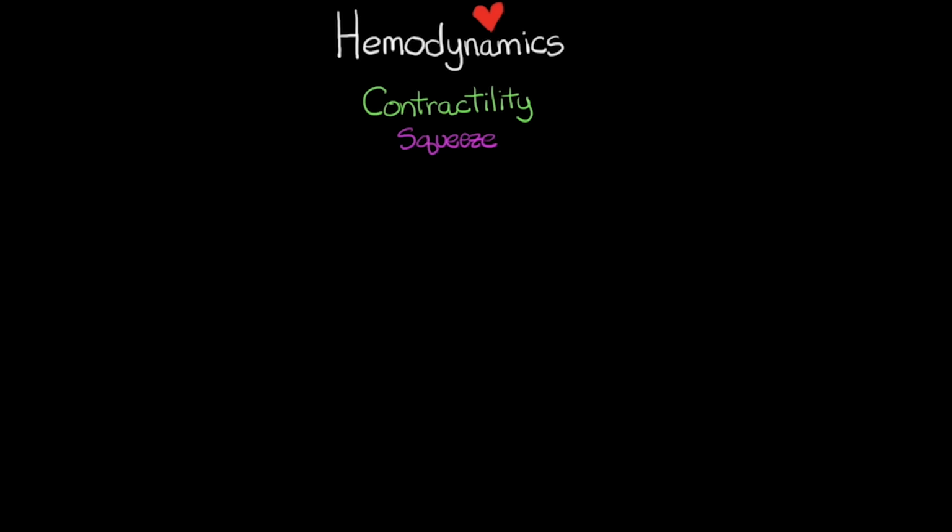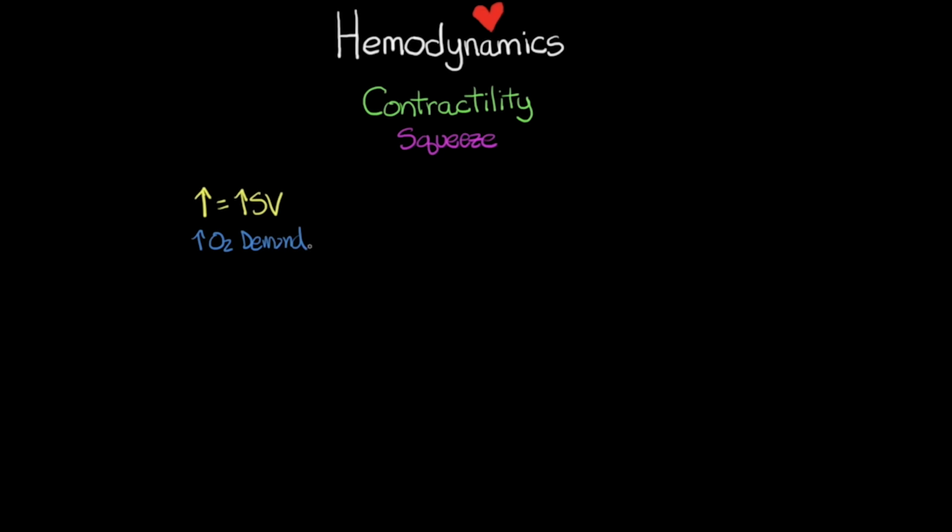So as an example, if we have an increased contractility, this is going to lead to an increased stroke volume. And so if we think about it, the more squeeze we have, the more blood that we're going to eject with each contraction. As a result of that, though, this is going to lead to an increase in our myocardial oxygen demand.